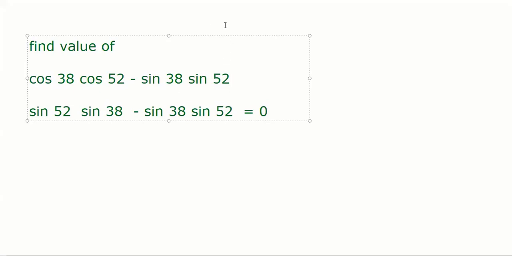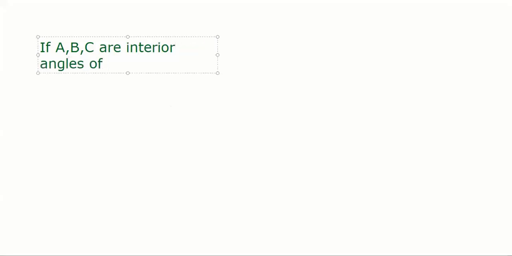चलो एक क्वेश्चन और करते हैं. Suppose question is if A, B and C are interior angles of triangle, कोई ट्रायंगल ABC है, उसके ABC एंगल्स है.